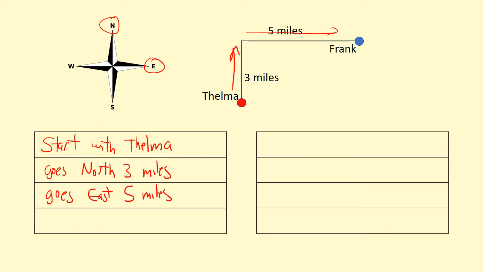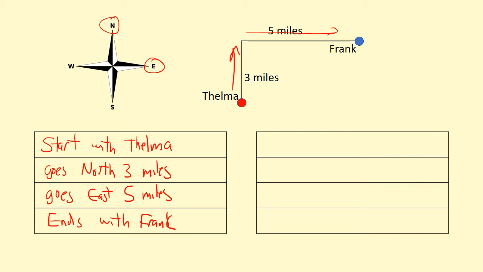And then she ends with Frank. Okay, so she has a nice time with Frank, has some dinner, they hang out a little bit, maybe watch something on Netflix, but eventually it's time to go home.